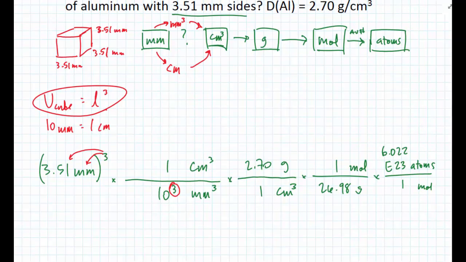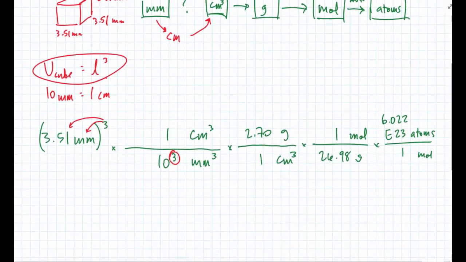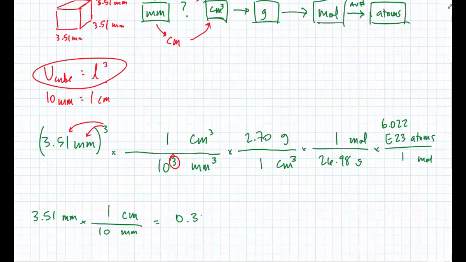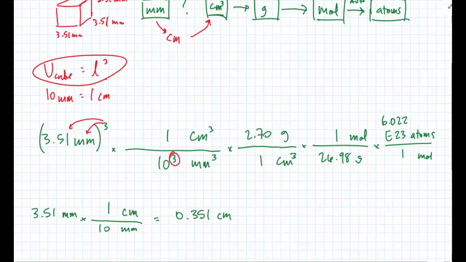So that's one setup. Before I write the answer down, let me show you the other way of doing this. We could have taken 3.51 millimeters and just done a linear conversion, right? The issue is you sort of need to get an answer here, right? You need to get 0.351 centimeters, which then you need to cube.